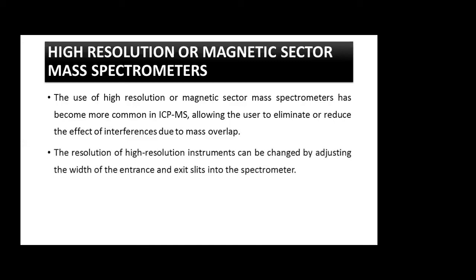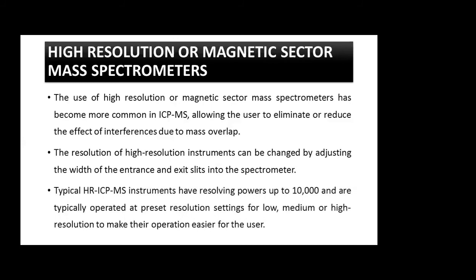The resolution of high resolution instruments can be changed by adjusting the width of the entrance and exit slit of the spectrometer. You can change the width of the entrance slit and exit slit. Accordingly, the resolution can be changed. A typical HR-ICP-MS instrument has a resolving power up to 10,000, and it's typically operated at preset resolution settings for low, medium, or high resolution.